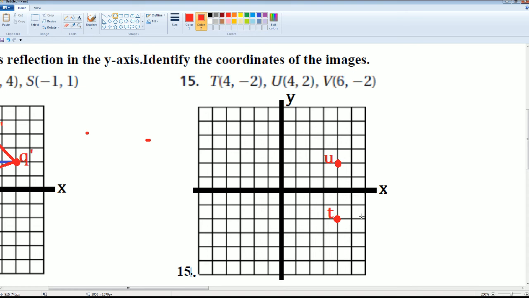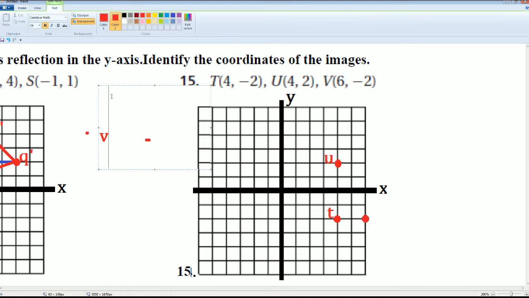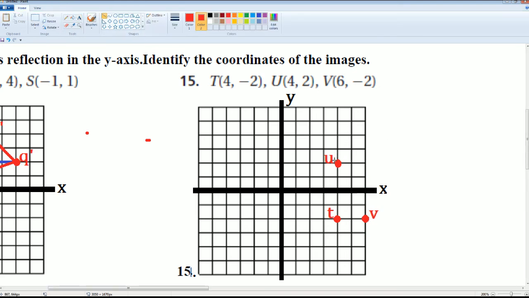Negative 2, 1, 2. And we're going to call that V. Connect the dots. Ooh, it's a right triangle. Look. Do you see the corner? The corner's right here on T. It's perpendicular, so this is 90 degrees. This would be a right triangle.